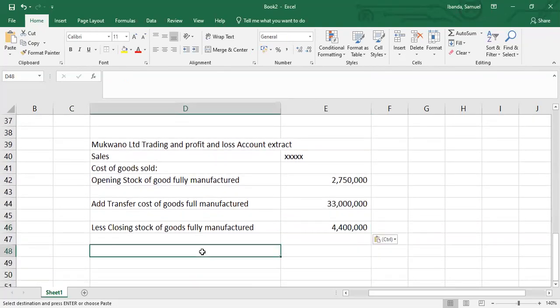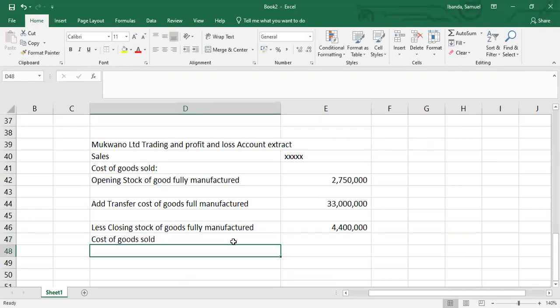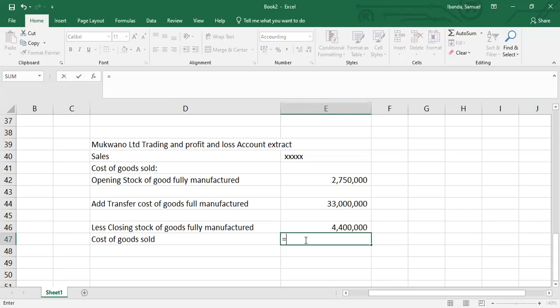So we should be able to get our cost of sales. With that, our cost of sales or cost of goods sold will now be this.